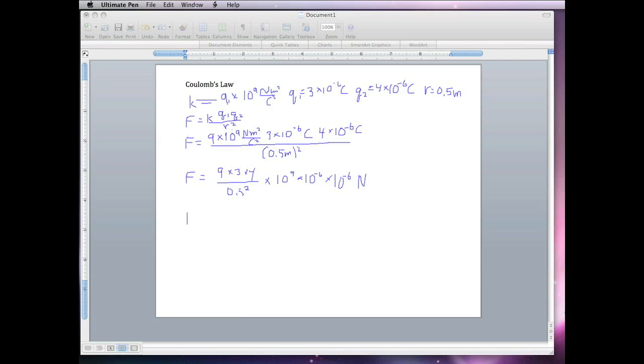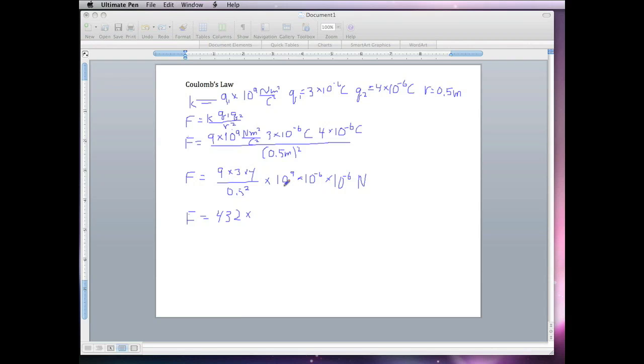With your ordinary calculator, you can multiply 9 times 3 times 4 and divide it by 0.5 squared. When you do that, you get 432. Now we have to multiply that by the product of these powers of 10.